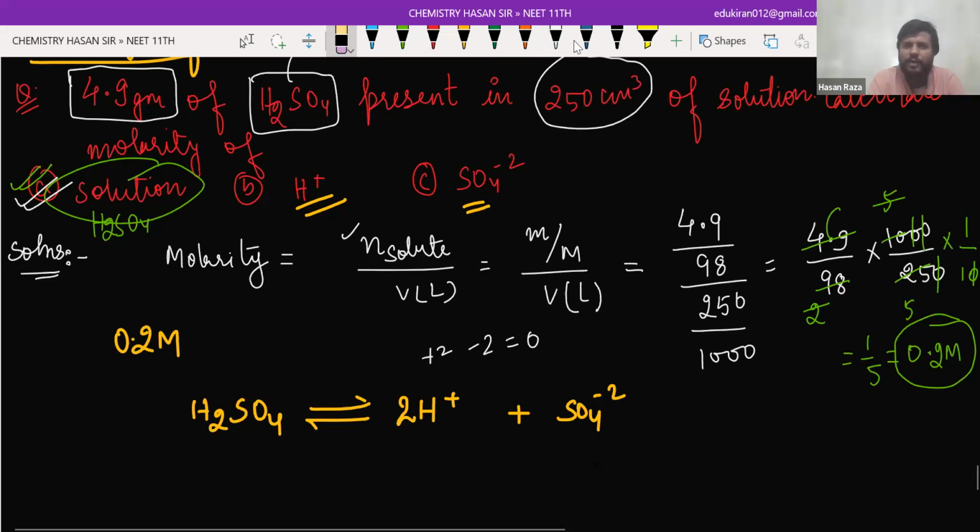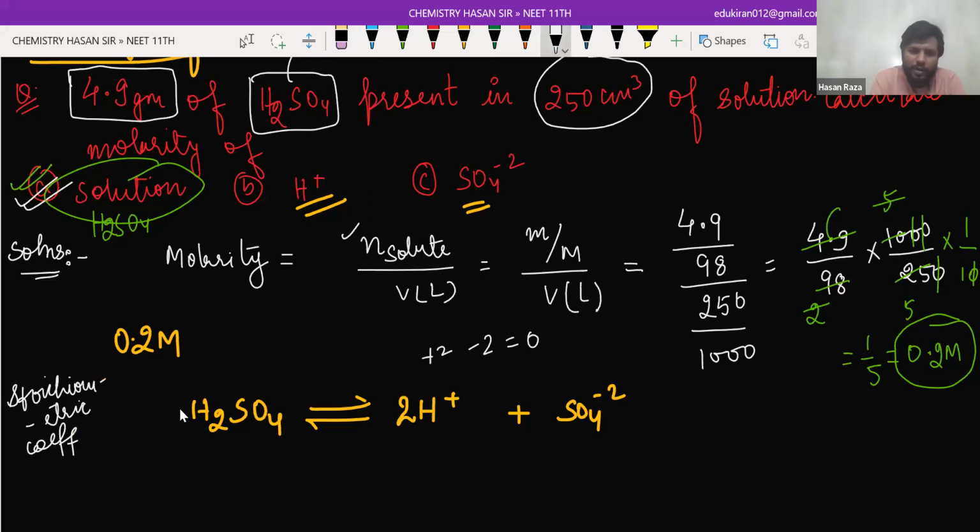You have heard of stoichiometric coefficient, right? Everyone, you have heard of it. So what is the stoichiometric coefficient of H2SO4 here? Can anyone tell me? 2? No. Any other? Oh, 1 it is.